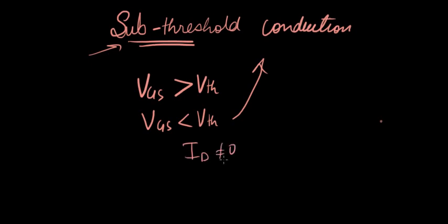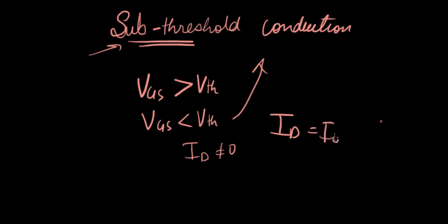ID is not zero. There is a finite current flowing even then, but it's a very weak current, a very small current. Even then, it is nonetheless a current. So that conduction is called subthreshold conduction, and the current in that case is given by this equation.